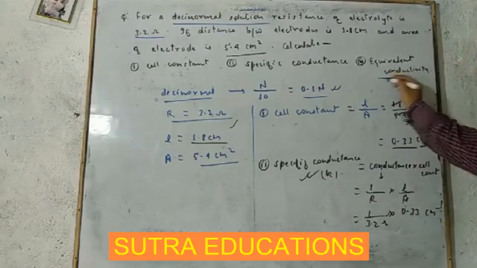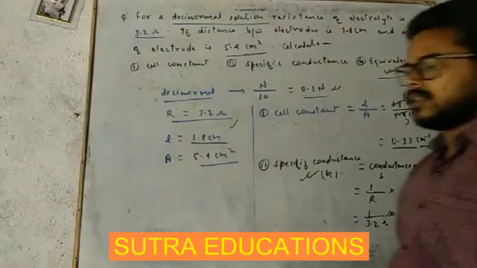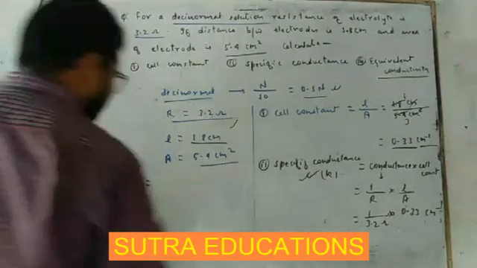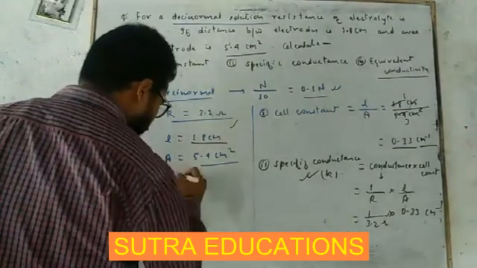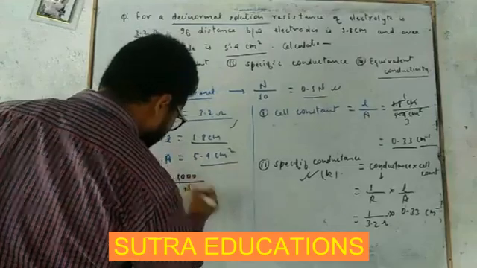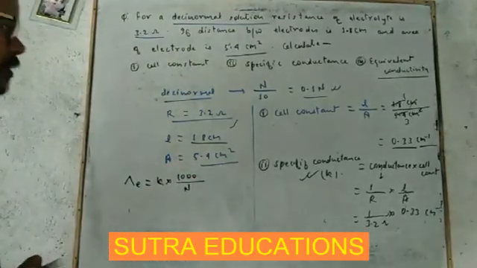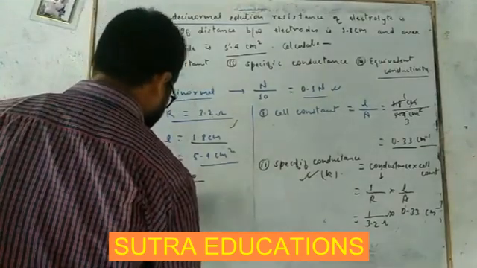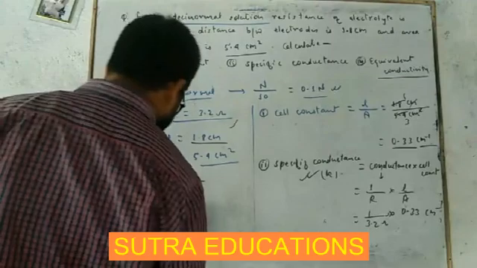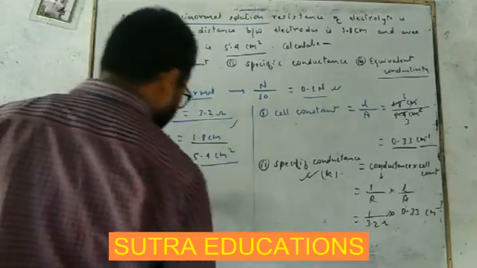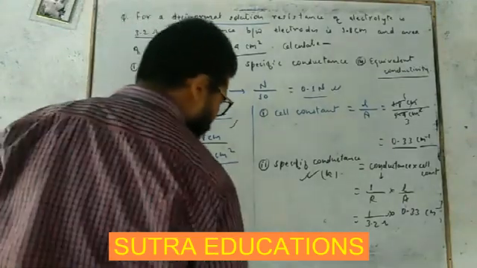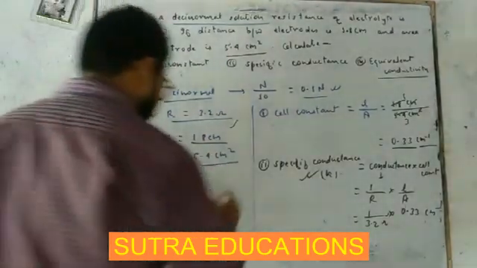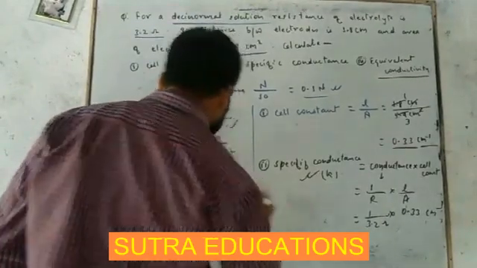Now finally it is equivalent conductivity. Equivalent conductivity is equal to kappa into 1000 by normality. So kappa is 0.33 upon 3.2 ohm inverse means Siemens centimeter inverse, into 1000 by normality.